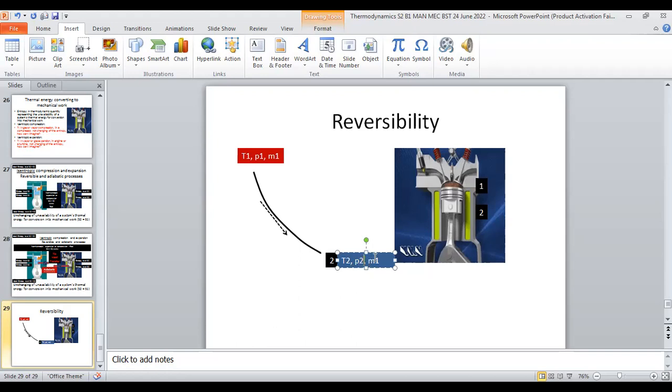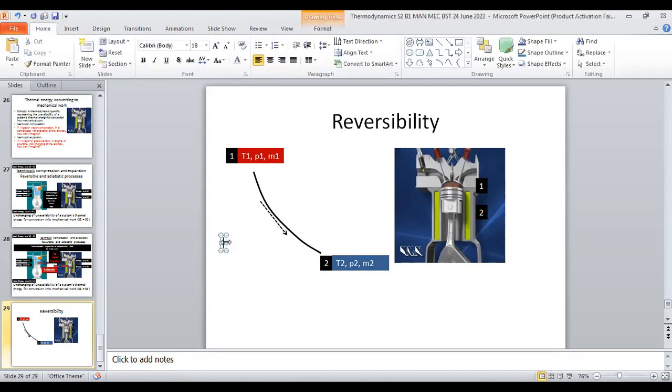I'm a bit slow explaining here. So this is process 1 to 2.